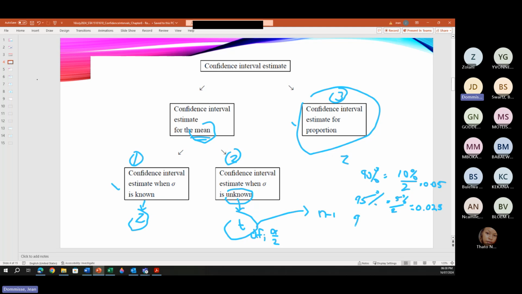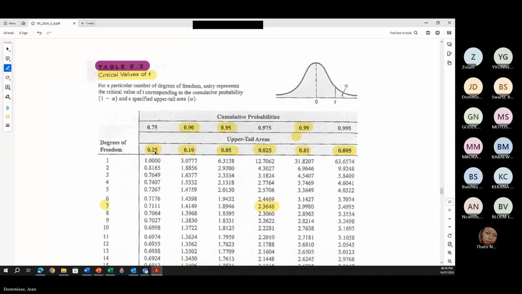And then the 99% is 1% divided by 2, which is 0.005.